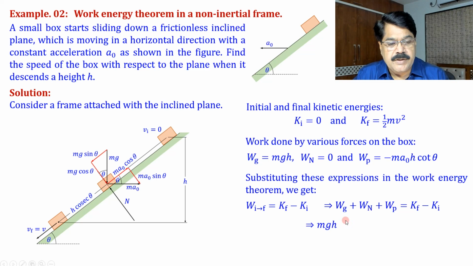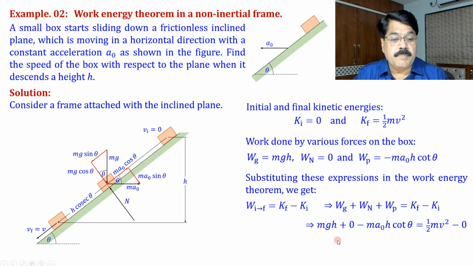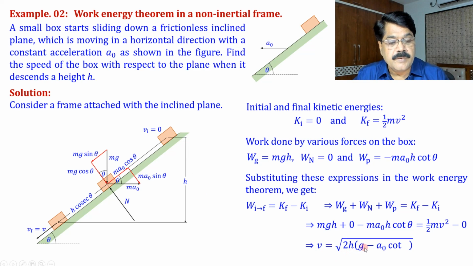For Wg we have mgh, 0, minus ma naught h cot theta is equal to half mv square minus 0. So by solving this we can easily calculate the speed of the box with respect to the inclined plane when it has slid a distance h cosec theta, or when it has descended a height h. So that speed v is equal to the square root of 2h times g minus a naught cot theta.